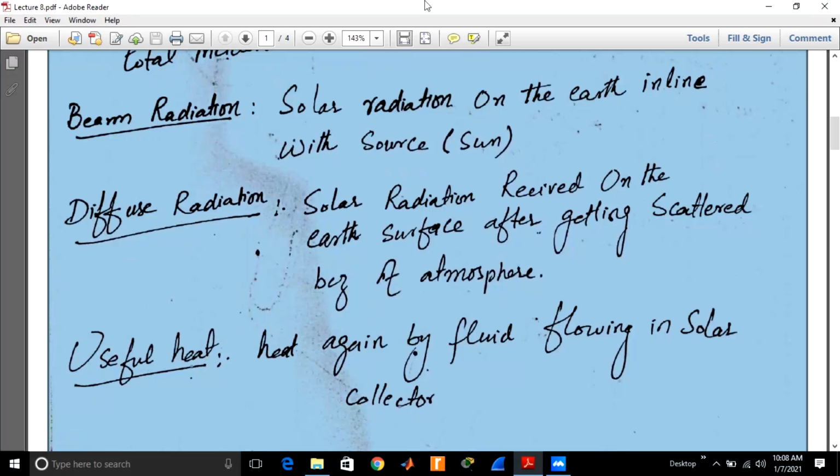As you know, in the solar collector some liquid flows in the riser tube, and the function of the riser tube is that the heat that comes from the sun is transferred to the fluid flowing in the riser tube.